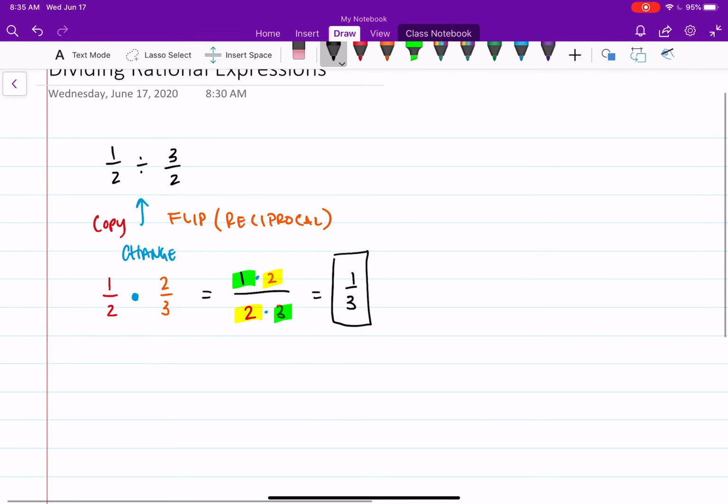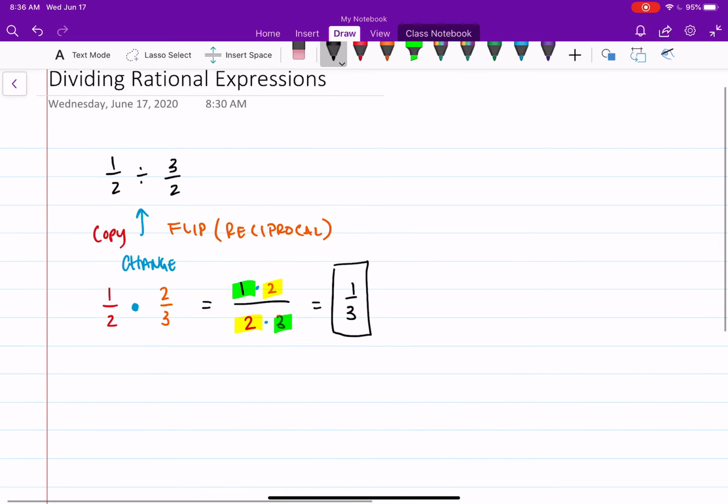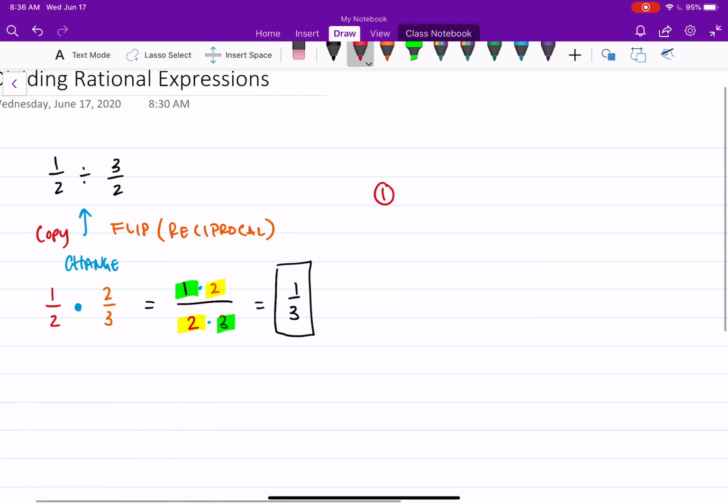So we know how to divide fractions. The only difference is we get to have factoring involved. Yay! So let's talk about the steps here. Step 1 for dividing rational expressions is to factor top and bottom. So factor the numerator and the denominator.